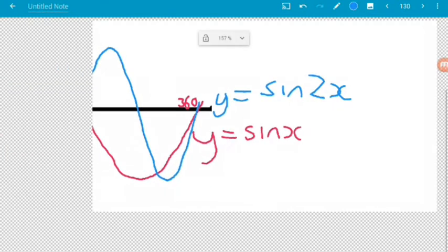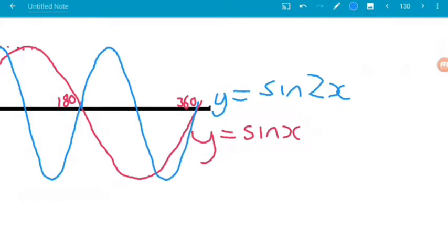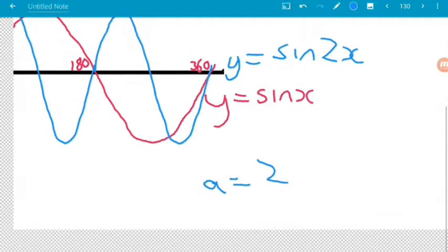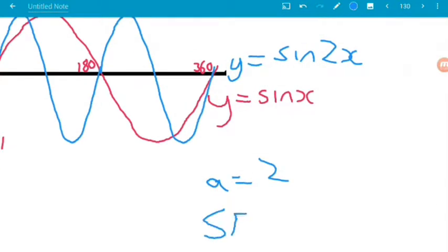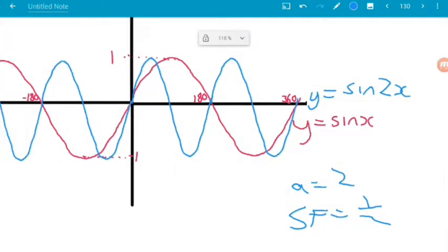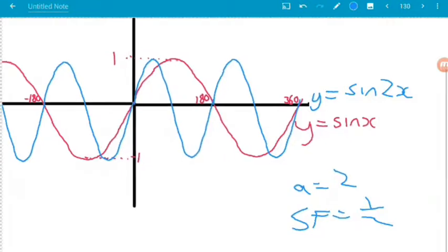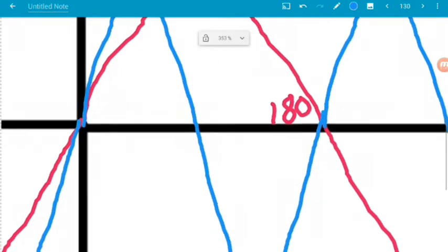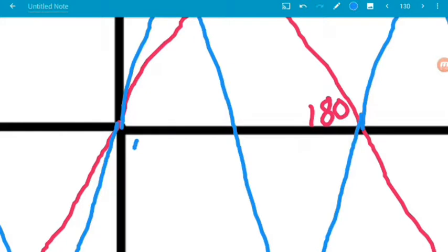Here, a is equal to 2, so the scale factor is 1 over 2, so 1 half. What's going to happen is it's going to hit the x-axis twice as fast as y equals sine of x. So we still go through the origin at 0.